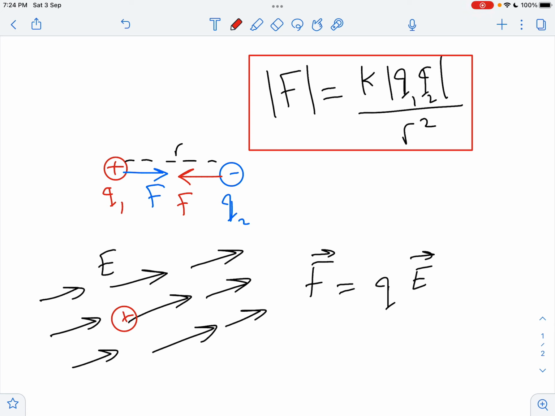And since the charge is positive, the force is going to be in the same direction as the electric field. So an electric field creates a force on a point charge.